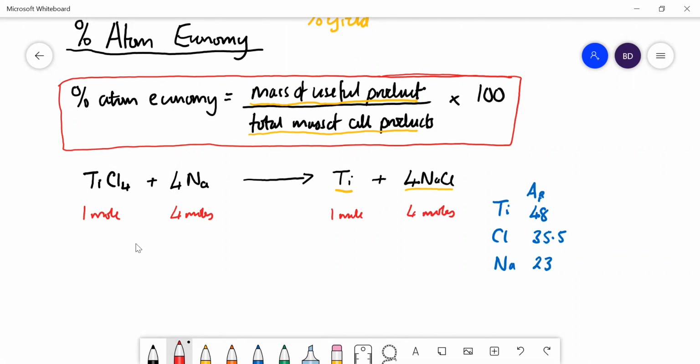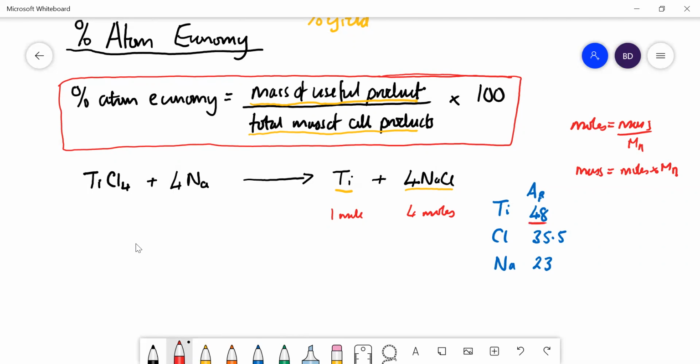Now, we're not actually interested in the starting material, so we can forget about those. How would we work out the mass of 1 mole of titanium and 4 moles of sodium chloride? Well, of course, moles is equal to mass over Mr, so mass is equal to moles times Mr. How much does 1 mole of titanium weigh?